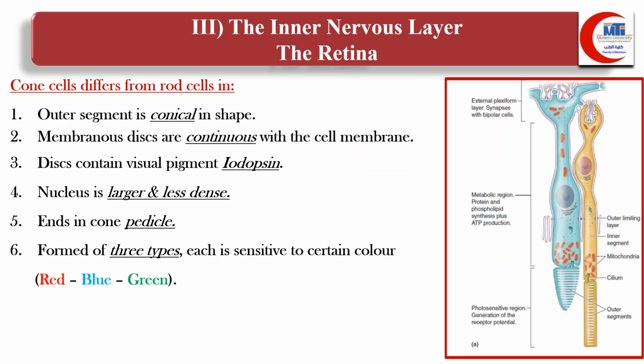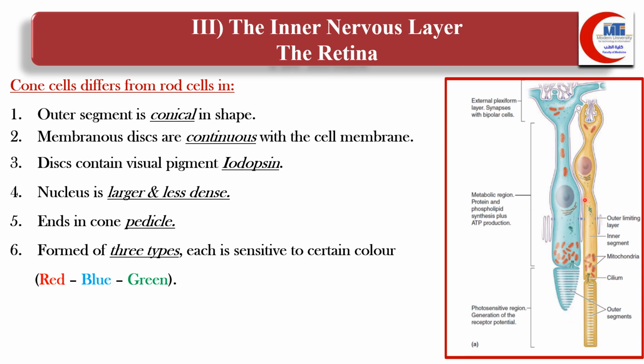The cone cells differ from the rod cells in that the outer segment is conical in shape. The membranous discs are continuous with the cell membrane. The discs contain the visual pigment iodopsin.